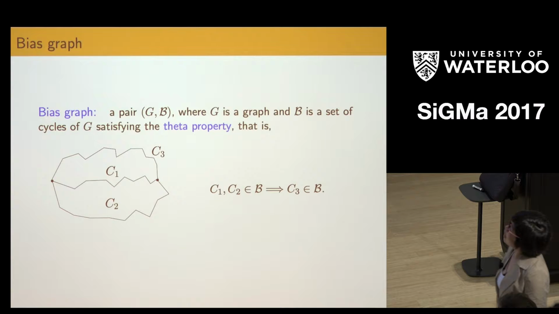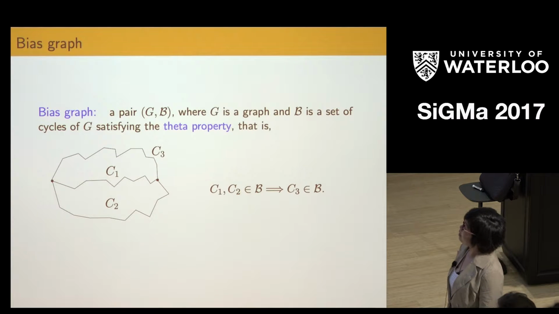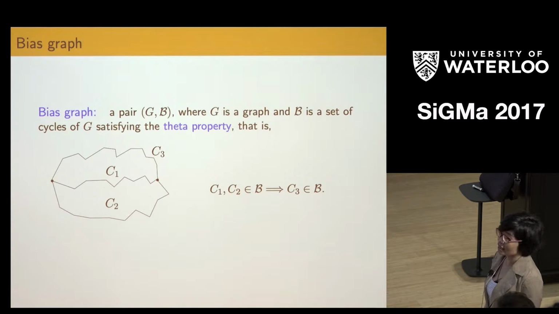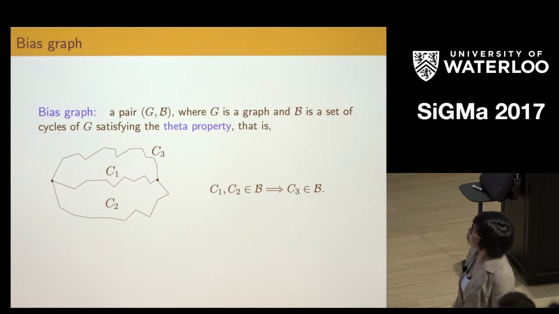G is a graph, and B is a set of cycles of G satisfying the theta property. The theta property means if I give you any theta subgraph, the theta subgraph cannot contain exactly 2 cycles in B. So this is the theta property.